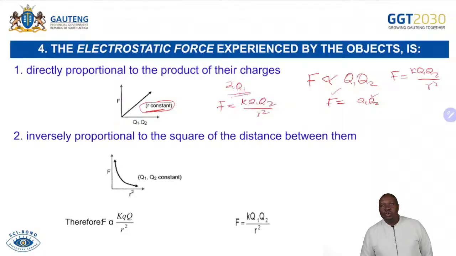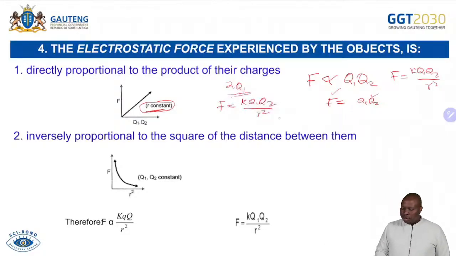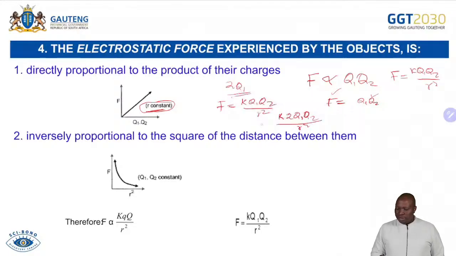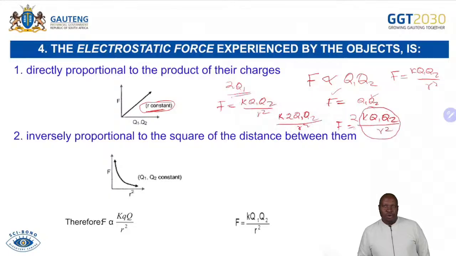You substitute the 2 in the formula and get K 2 Q1 Q2 over R squared. You can take the 2 out and get 2 K Q1 Q2 over R squared. So you can see that the force will be doubled, because this is equivalent to the force. If we double one charge, we double the force.